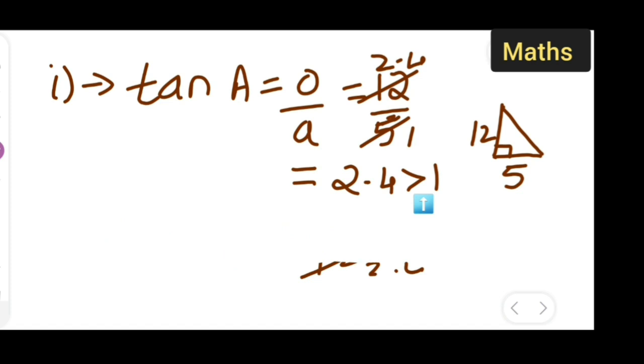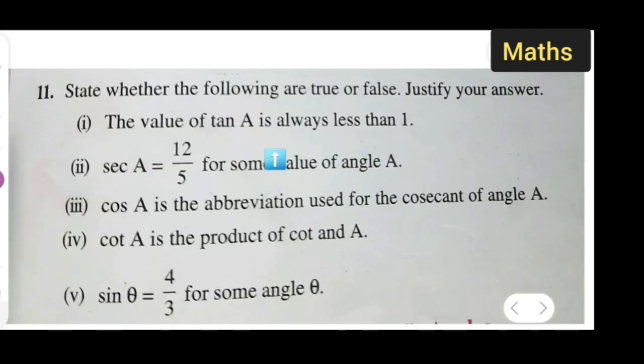But we won't see this. If I take such an example, you can see that we are getting a value which is greater than 1. So the value of tan A is not always less than 1. It can be greater than 1 also. So obviously this statement is a false statement. So I'll have to write false over here.